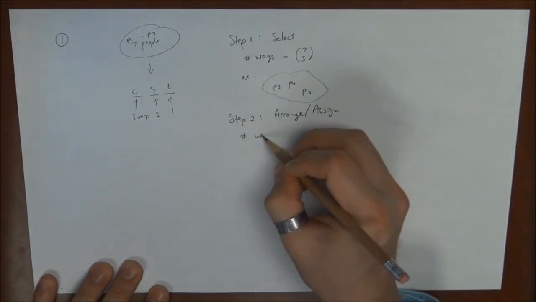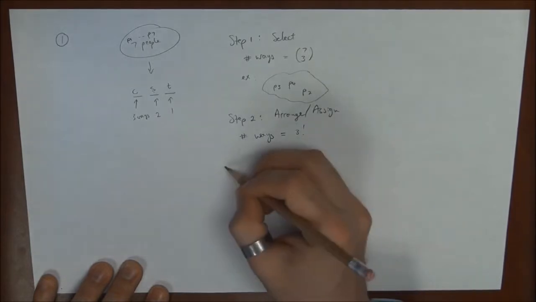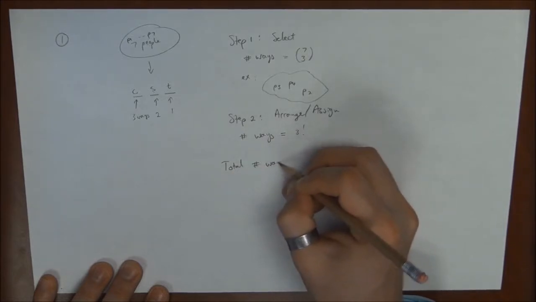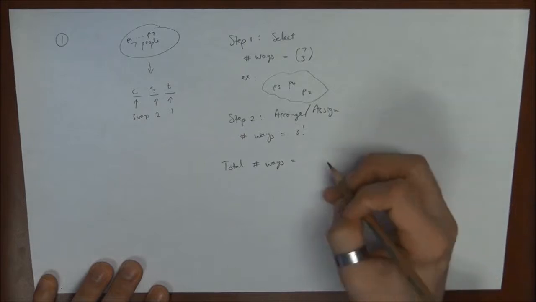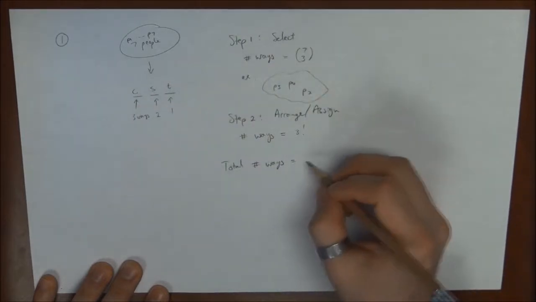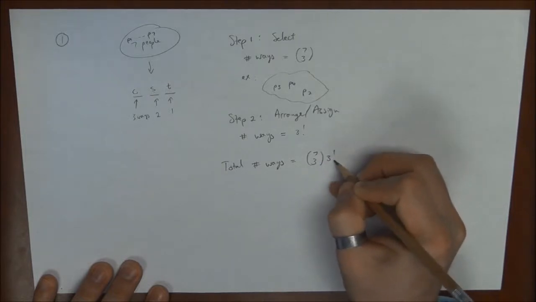In how many ways can I arrange them? There are 3 of them, they're different, 3 factorial. So the total number of ways to make this assignment of 3 people to their titles is 7 choose 3 times 3 factorial.